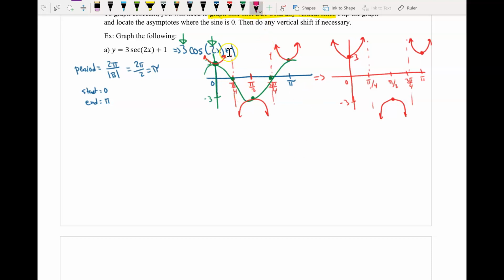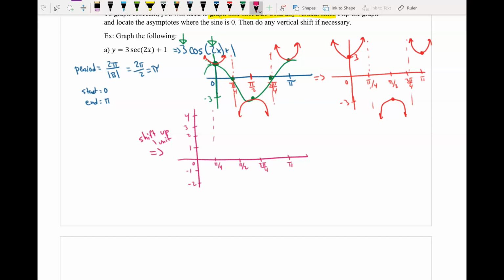So now we can go ahead and do that +1. And that +1 is just going to shift it up 1 unit. So shift up 1 unit. Okay, so now I'm going to write -1, -2, 1, 2, 3, 4. Then we have 0, pi over 4, pi over 2, 3 pi over 4, and pi.